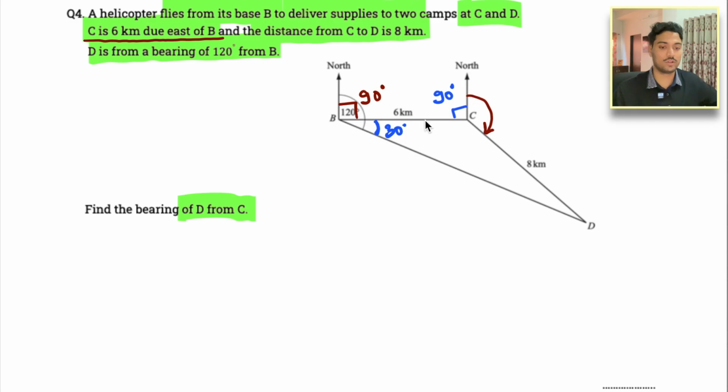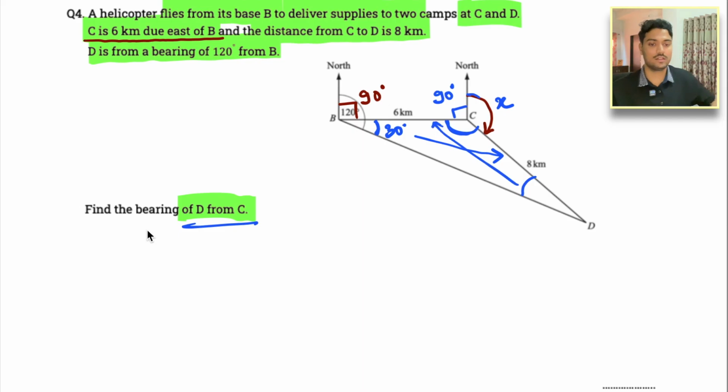We have to calculate the bearing of D from C. Let's say this angle is X. For that we have to calculate this angle. We have the opposite side distance, but we don't have angle D. So we can find angle D first using the sine rule.